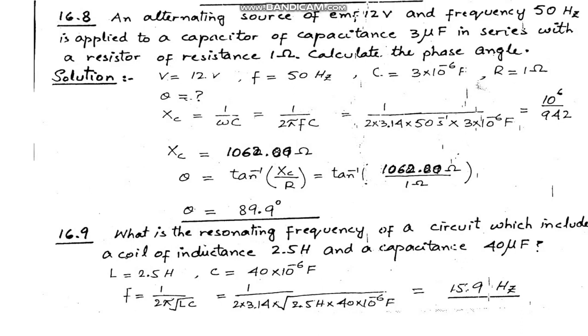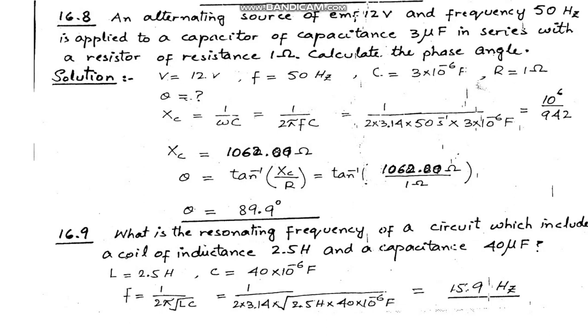Question number 9. What is the resonating frequency of a circuit which includes a coil of inductance 2.5 H and capacitance 40 microfarad? Given data, L is equal to 2.5 H, capacitance C is equal to 40 multiplied 10 to the power negative 6 farad. These two values we put in the formula.